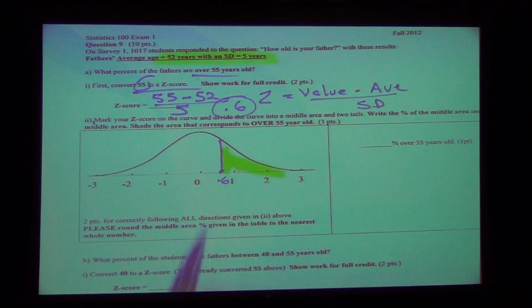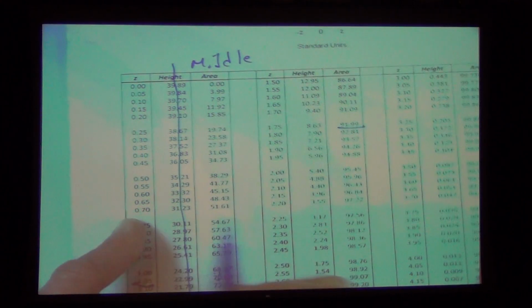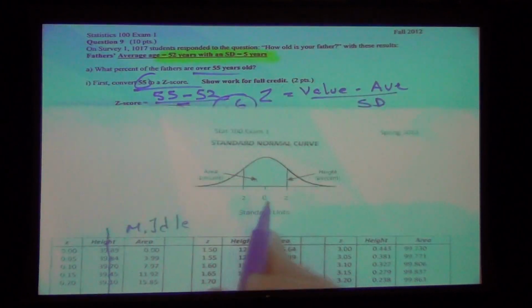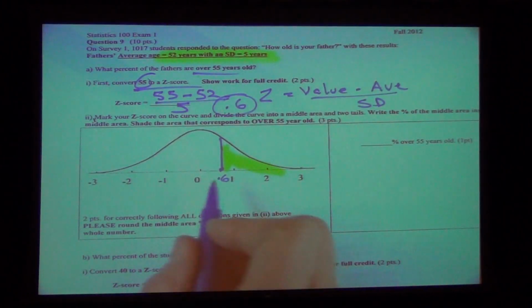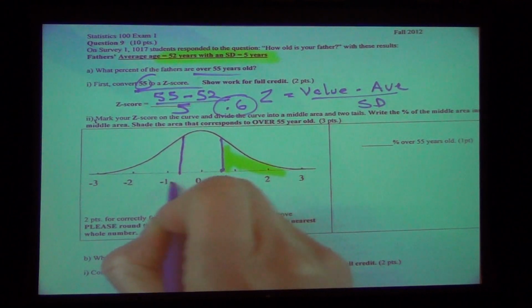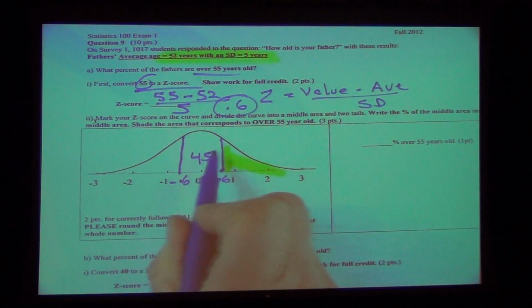To get that, again, we have to go back to our normal table. Right here. Okay, so now we're going to be looking up 0.6, and what do we get? 45 in the middle. Between 0.6 and negative 0.6, that is 45%.